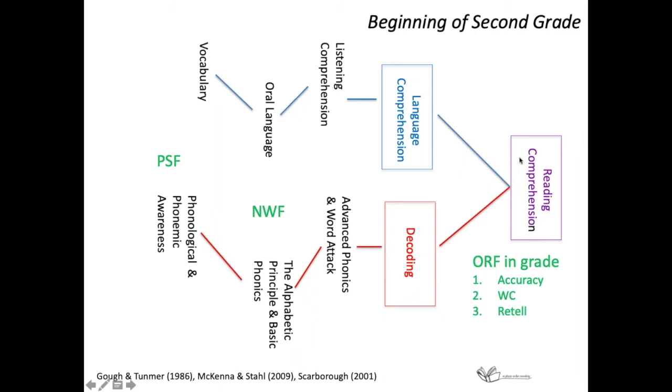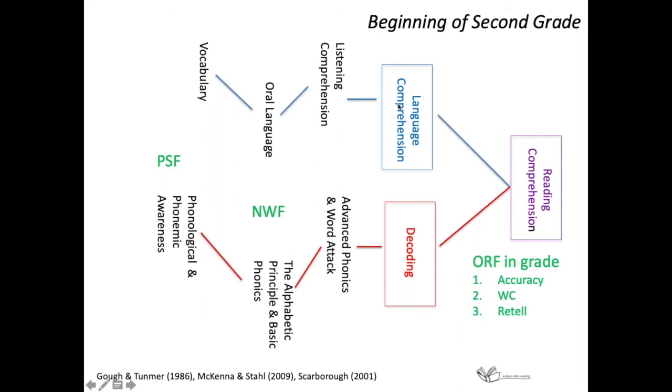And if a student is not demonstrating grade level reading comprehension as indicated by oral reading fluency, accuracy, words correct, and retell, then we would ask, is the reading comprehension difficulty caused by a lack of grade level language comprehension and/or a lack of word recognition and decoding skills?